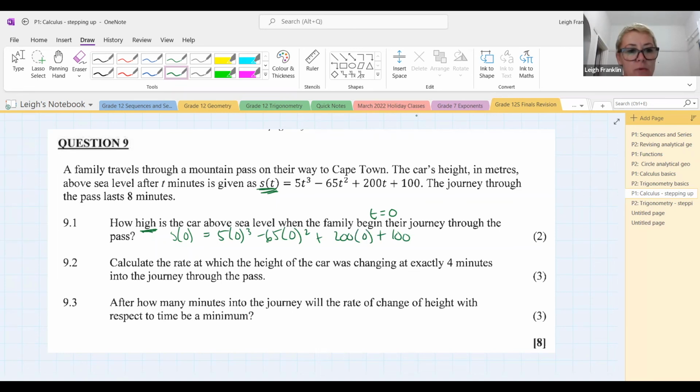So they would be 100 meters up. Quite right, good stuff.